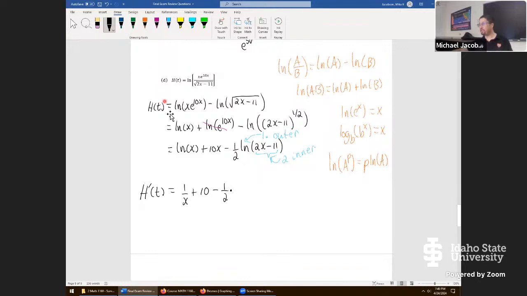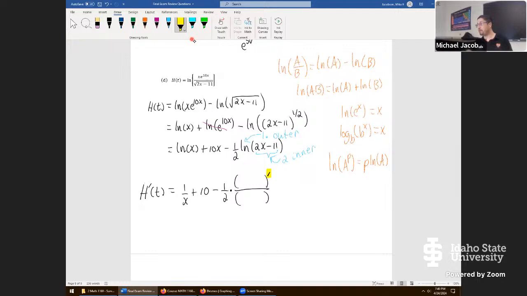So the pattern on differentiation is, if it was natural log x, you just throw x into the denominator. If it's natural logarithm of a bunch of stuff, take all of that stuff, put it into the denominator. We're going to multiply by the derivative of that stuff, so you can either put it right here if you like, or just throw it up into the numerator. I'd say that's entirely up to you.